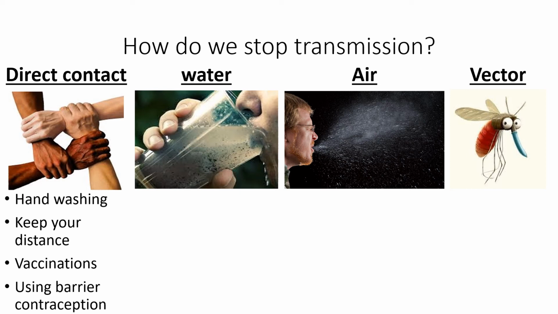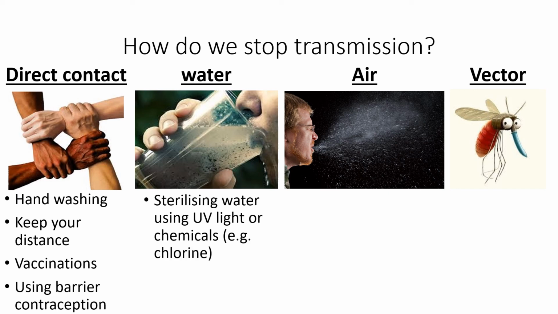They're all an example of a barrier method. The only other method, of course, is keeping your distance, which would mean abstinence or not having sex. In terms of other direct contact diseases, keeping your distance, for example, keeping a 2-meter rule and hand washing and so forth, will help stop the transfer by direct contact.